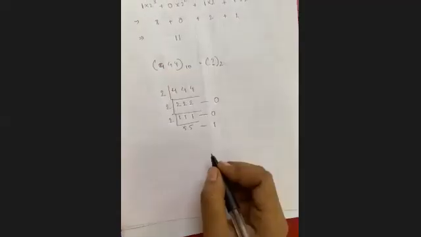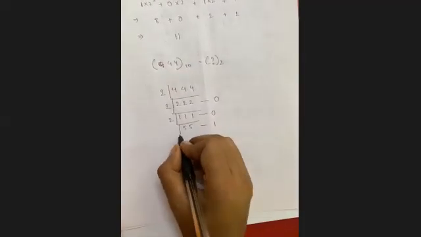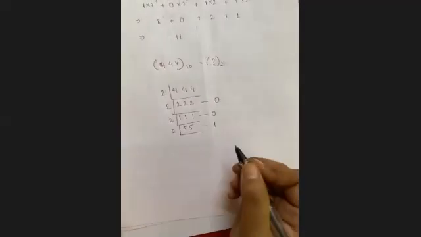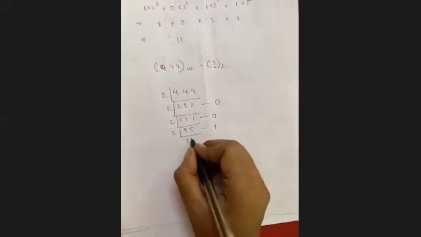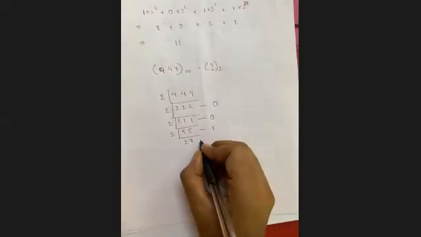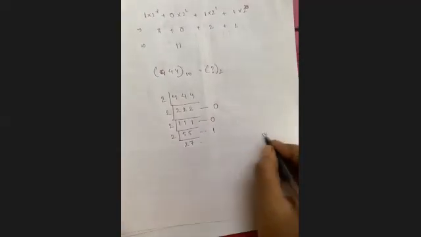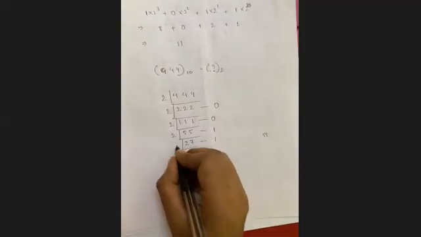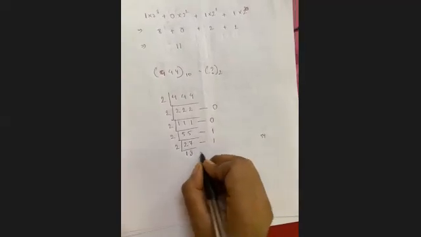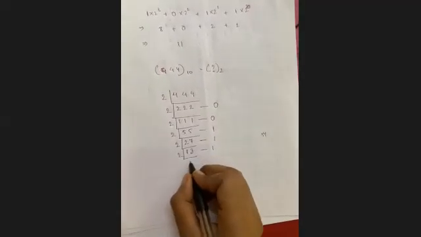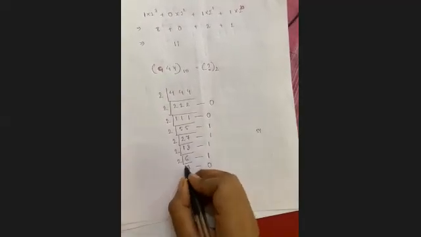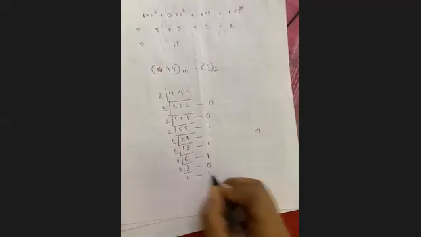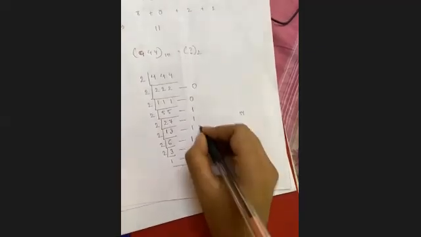Remainder will be 1. Then 27, right? There is 1 remainder. Again divide by 2, again 1 remainder. Then 1, 0, 1. So it will be counted from this side.